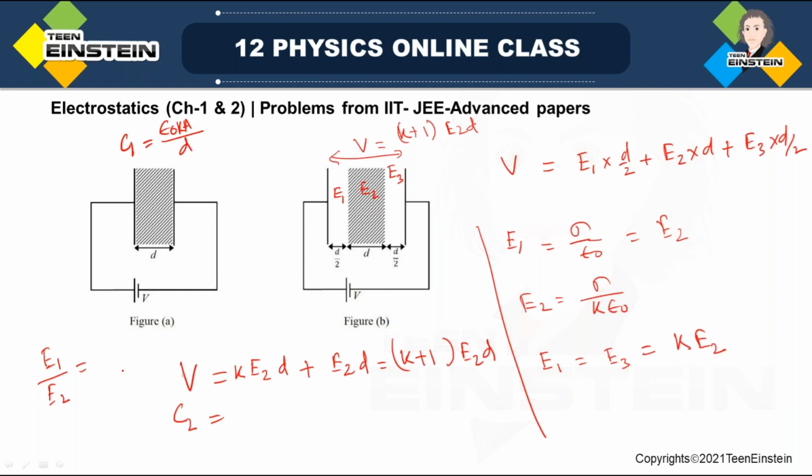But anyway, what is the capacitance? Let us write that.